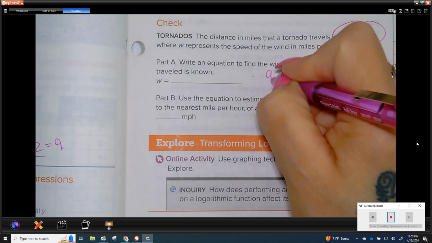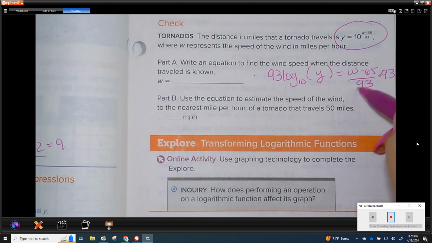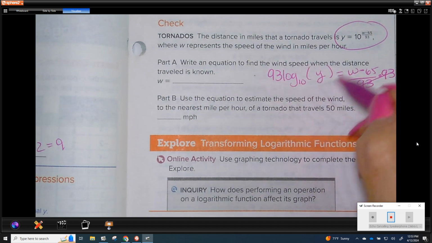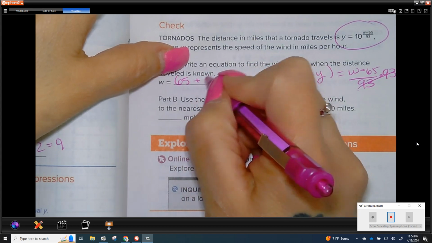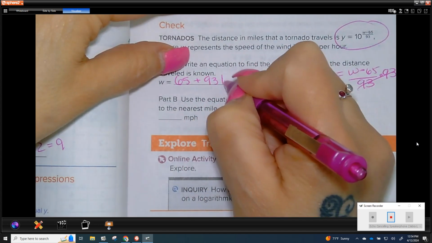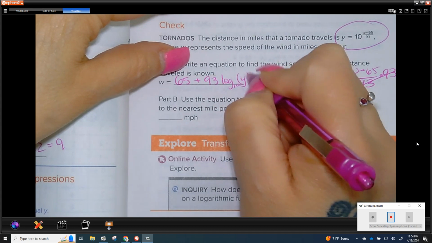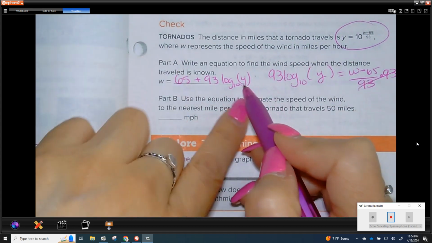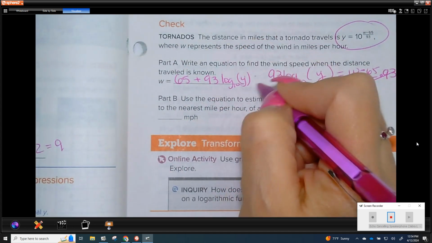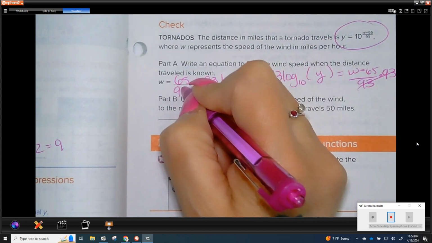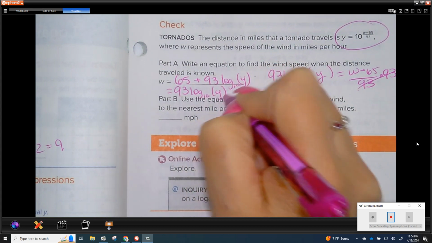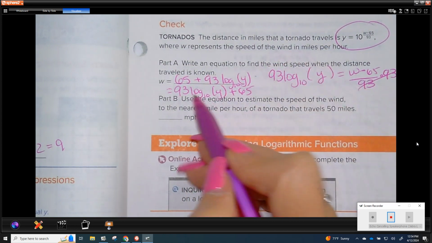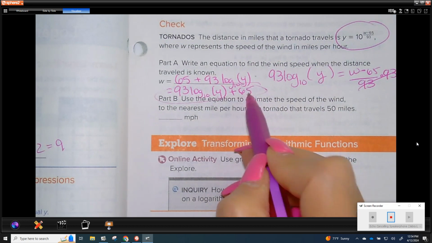Now we've got to add 65. Two ways you could write it. You could write 65 plus 93 log 10y. Or you could write the 65 after, but just make sure you have parentheses so that it doesn't go into your log. So you get 93 log 10 of y plus 65. When you're entering the calculator, make sure this is outside the log.